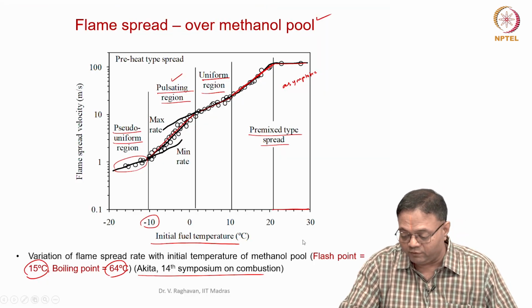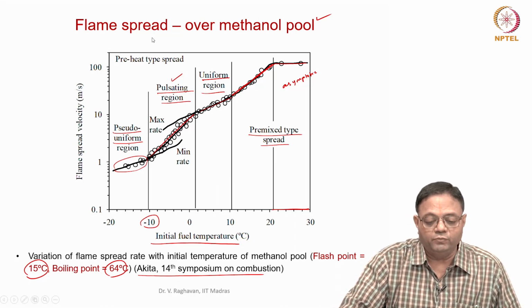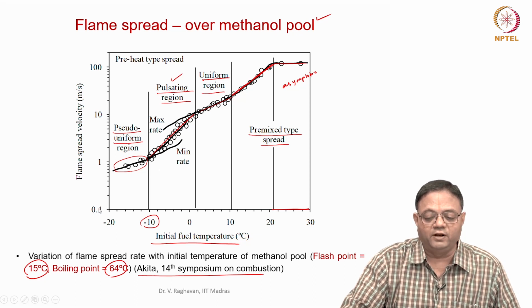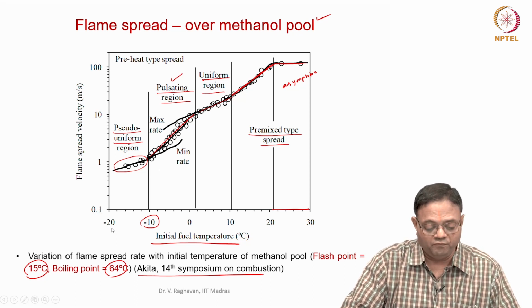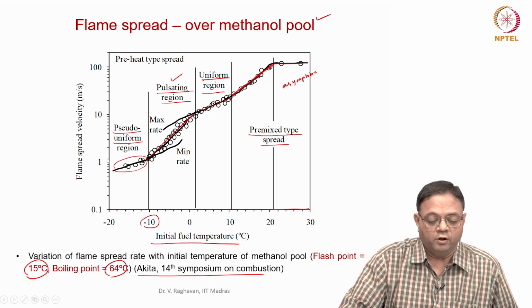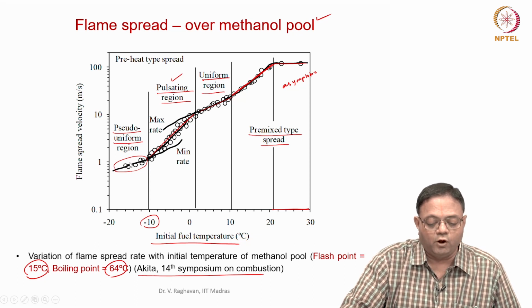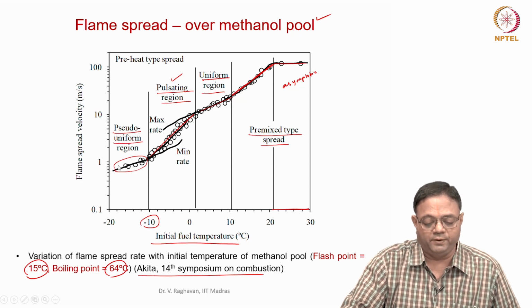We will continue from this slide, where we were discussing the flame spread over a methanol pool at initial temperatures varying from minus 20 degrees to 30 degrees. When the liquid is at very low temperature, we have uniform spread of low spread rate, and this is called the pseudo uniform regime.